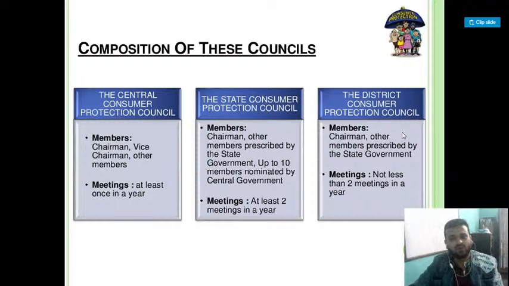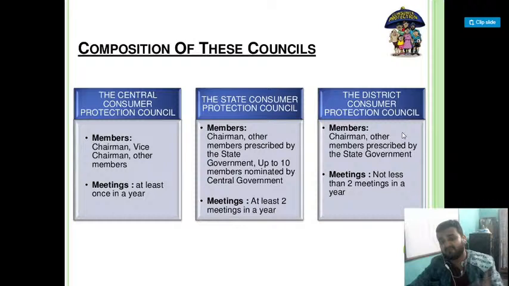For example, if you are in West Bengal, the members of the district council will be prescribed by the West Bengal government. The state level also has the chairman and members prescribed by the state government, plus up to 10 members nominated by the central government.